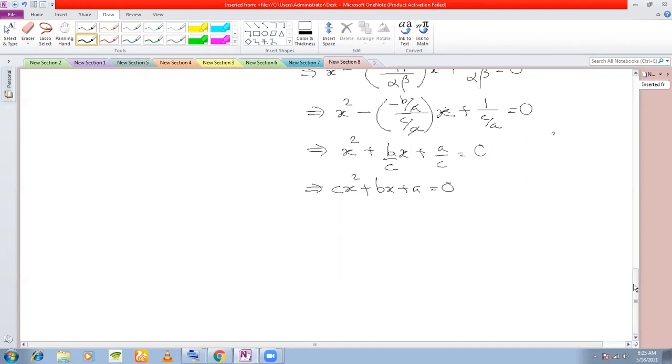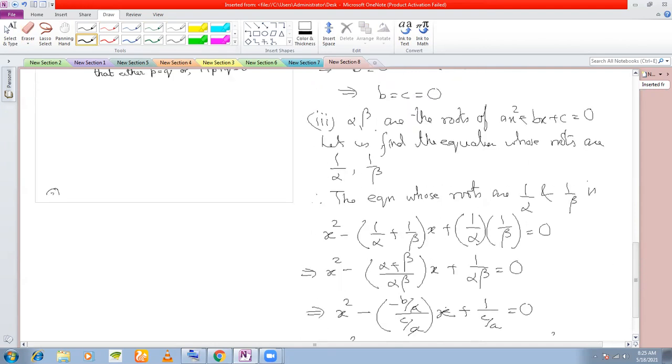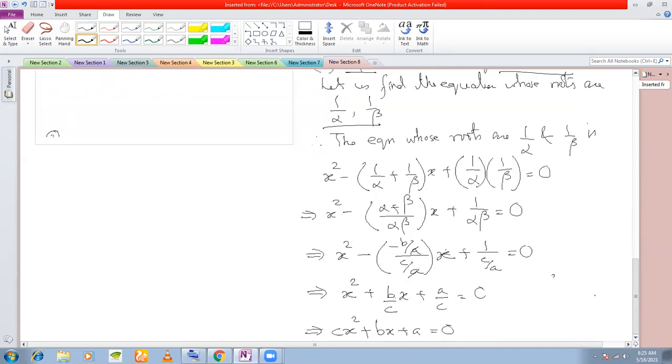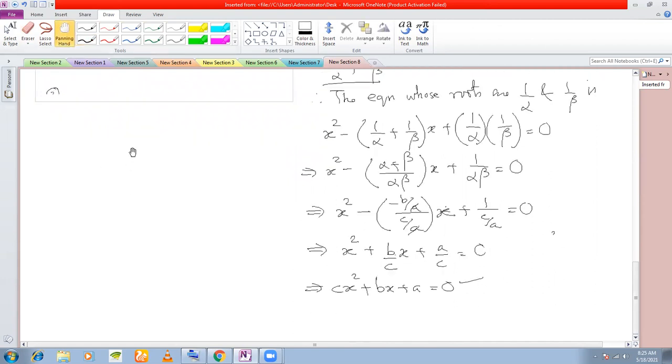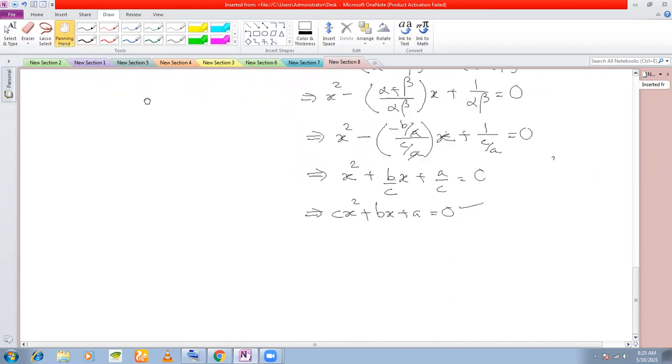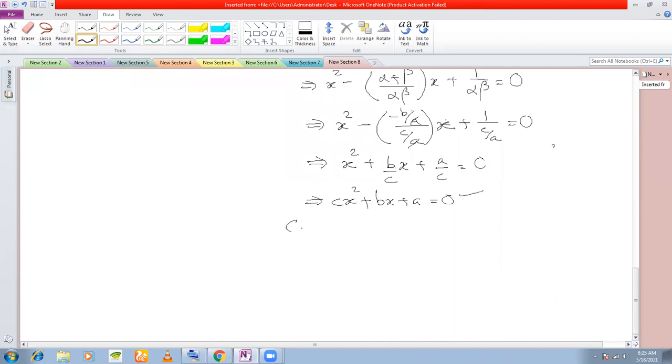Now, alpha and beta are the roots of this equation, and 1 by alpha, 1 by beta are the roots of this equation. Since we are looking for the condition for infinite roots, we must have two cases. Case one, that is when one root is infinite, one infinite root.